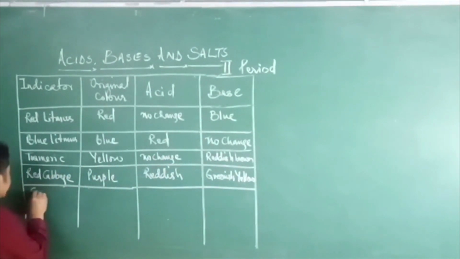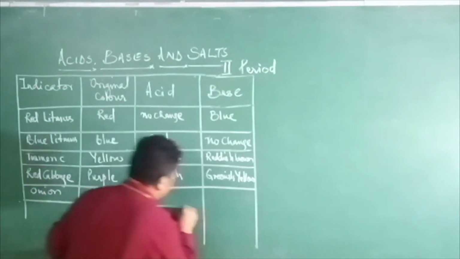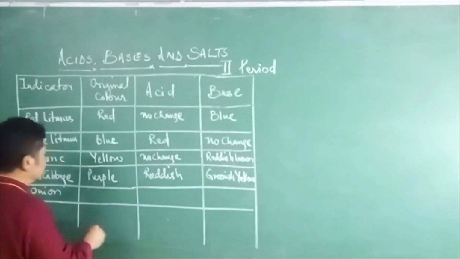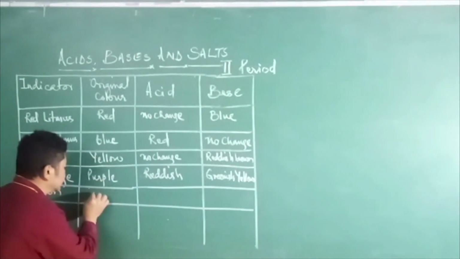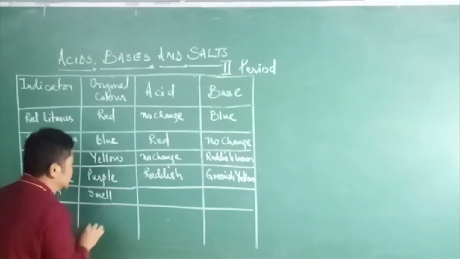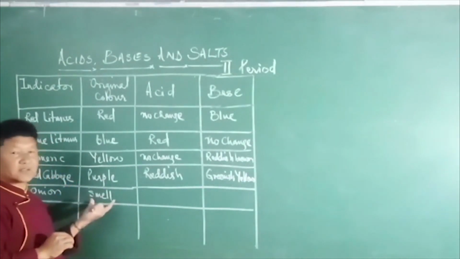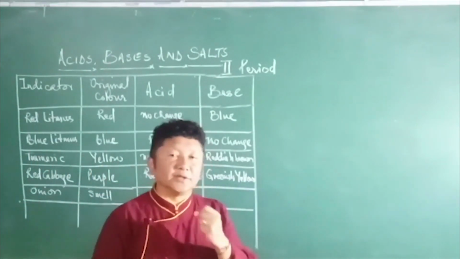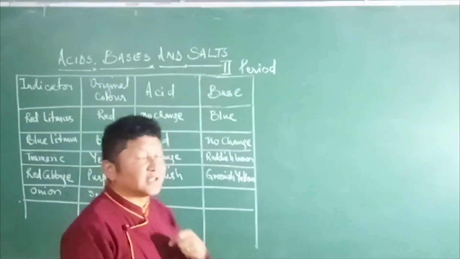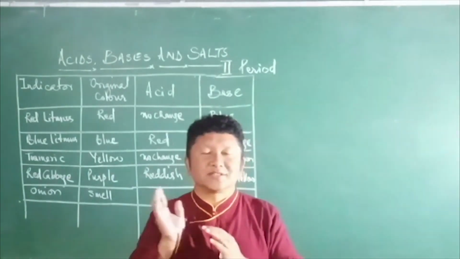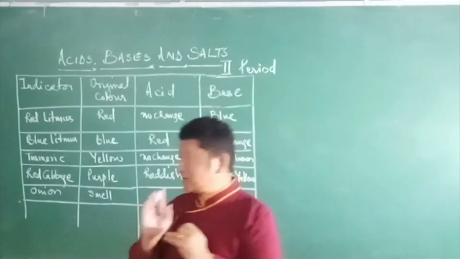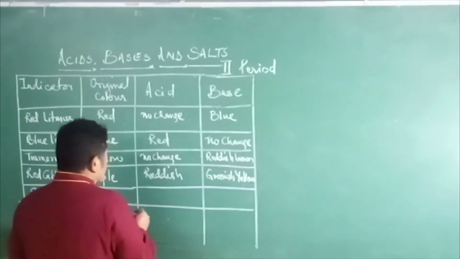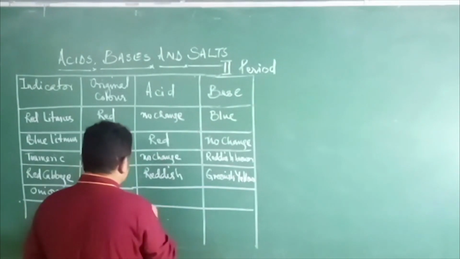And then onion. So onion, you don't have to see anything here. Smell. We are checking this onion on the basis of its smell. It indicates to us by giving smell or not giving smell. So this onion and vanilla are considered as olfactory indicators. Smell here with acid.